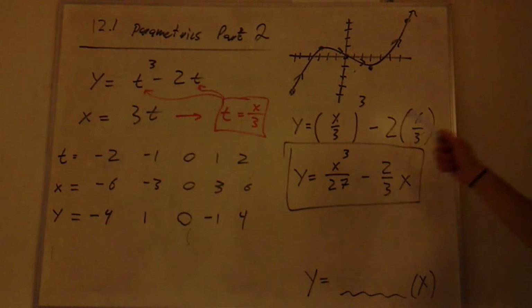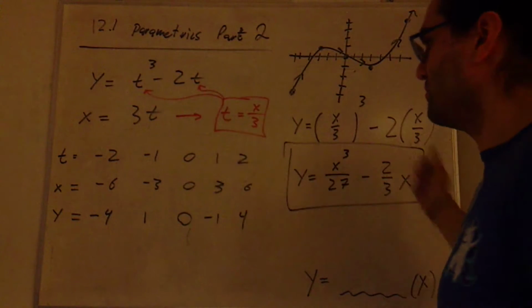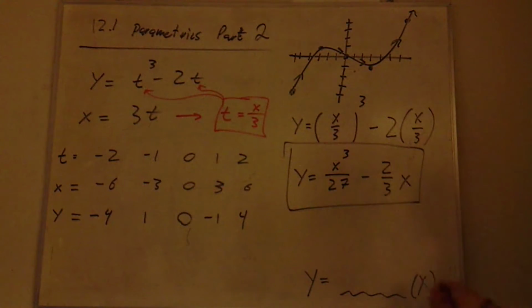I want to go back to the first example and see what it looks like when we try to do this implicit stuff to that problem.